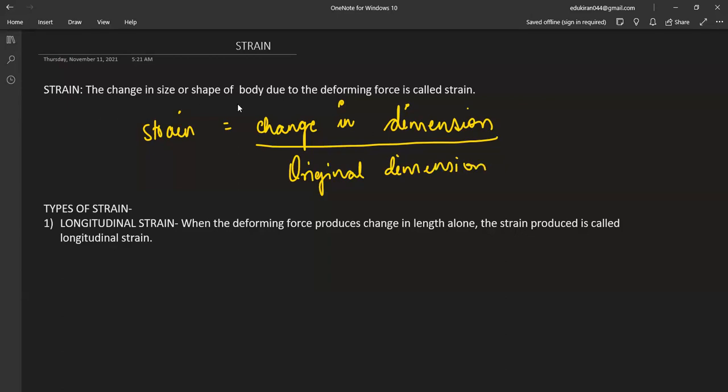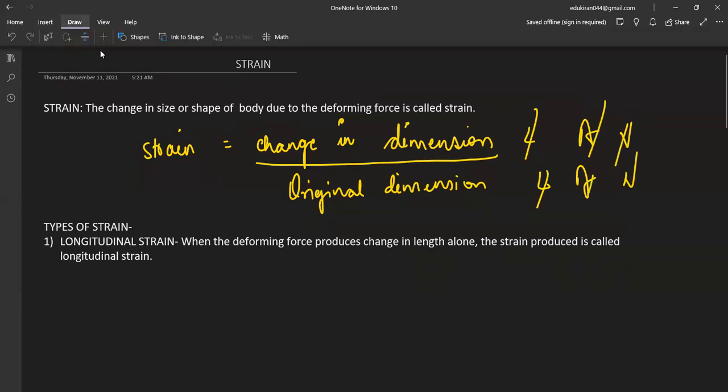So the change in size or shape of a body due to a deforming force is called strain. You have the same dimension above and below, like change in length by original length, so the length will cancel. Change in area by original area, change in volume by original volume.